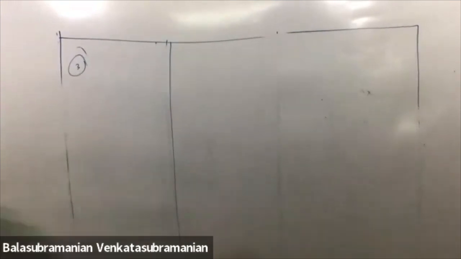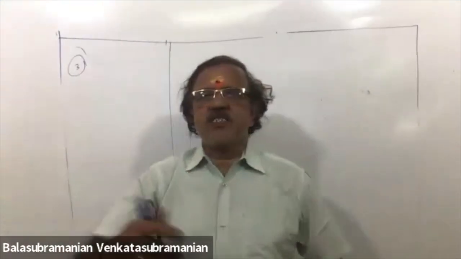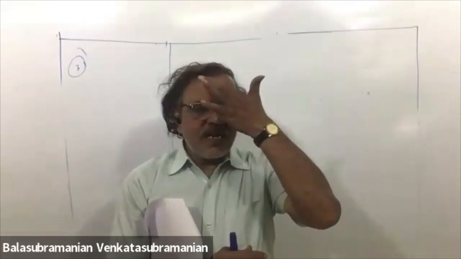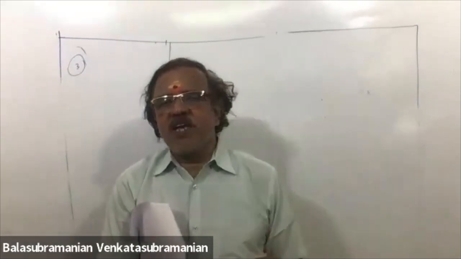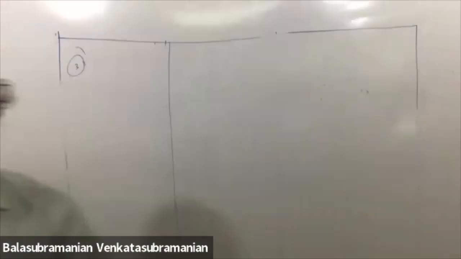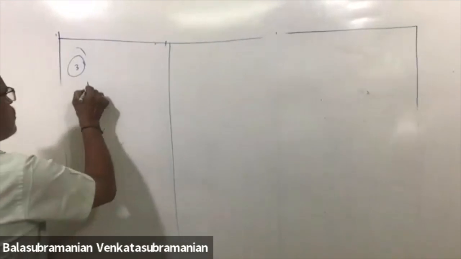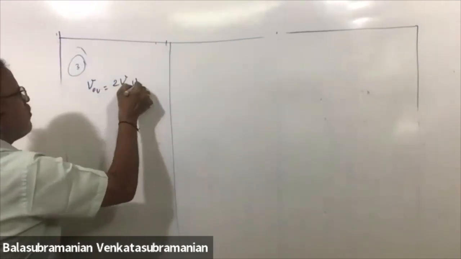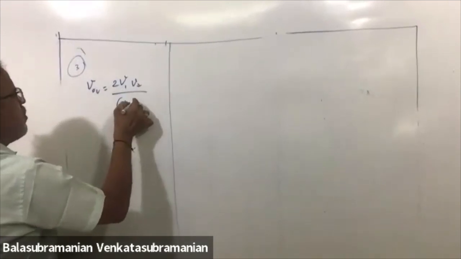When they have given two different speeds for the first half and second half distance, and ask you to calculate average speed or average velocity, directly we can use V average is equal to 2V1 V2 by V1 plus V2.